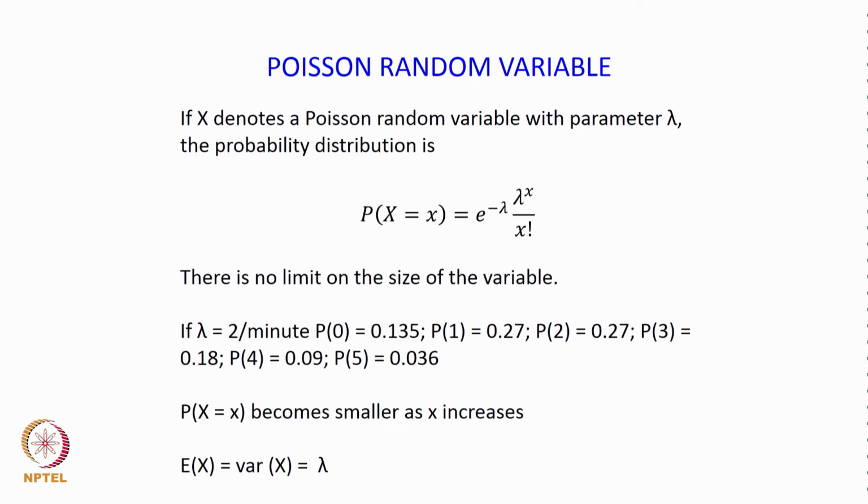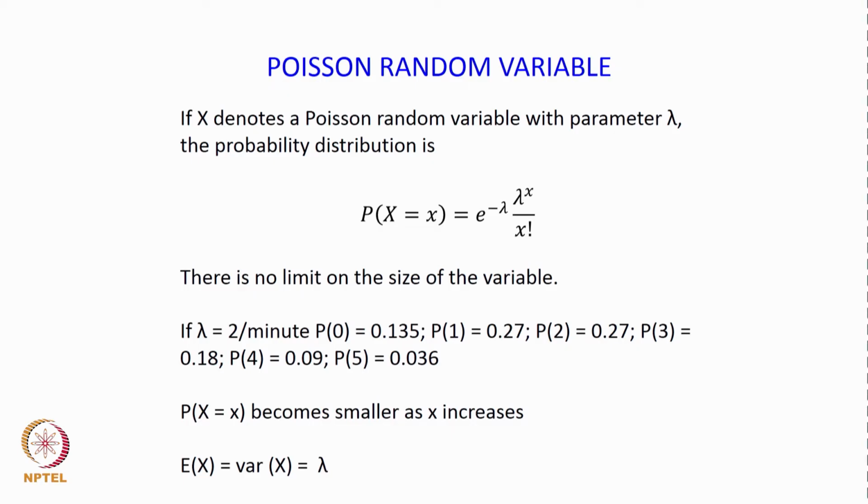If we start adding, 0.135 plus 0.27 is 0.405, plus 0.27 is 0.675, plus 0.18 is about 0.855, then 0.95. We realize that around a probability of 5 it almost reaches 1, but then x can take any value. As small x becomes larger, the probability becomes very small in a Poisson random variable.